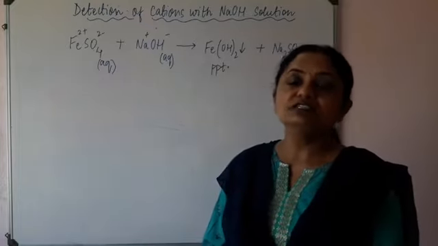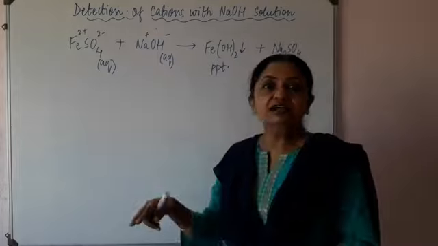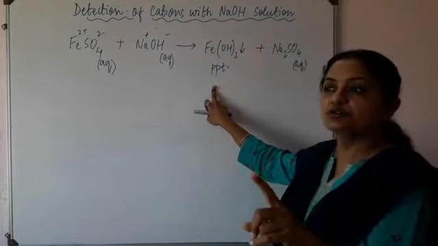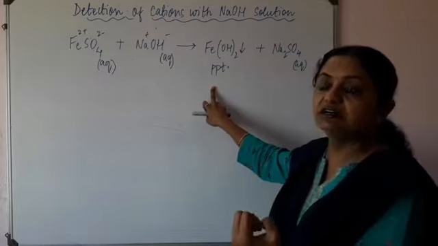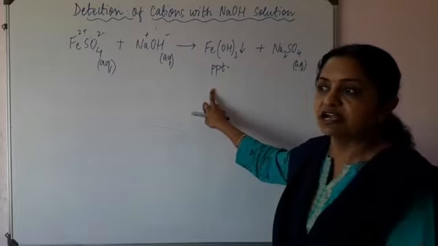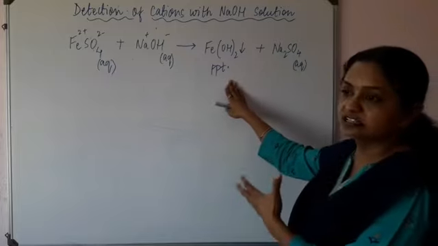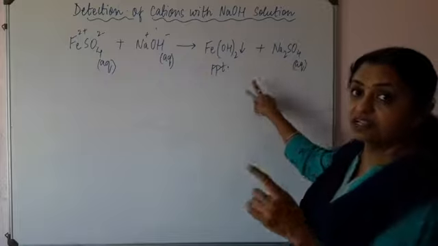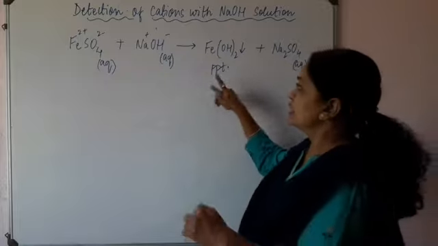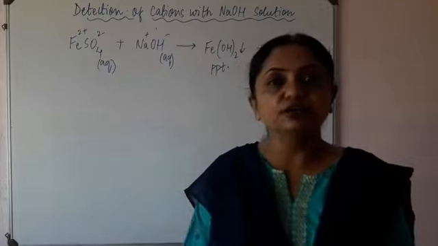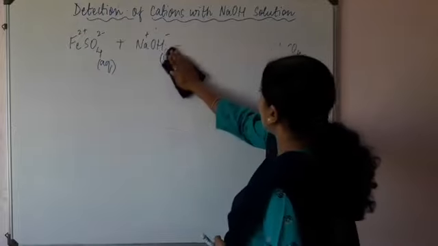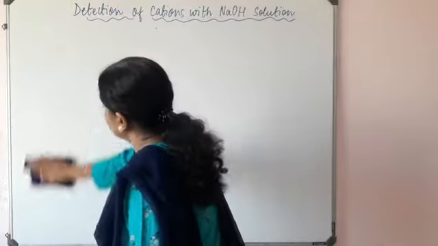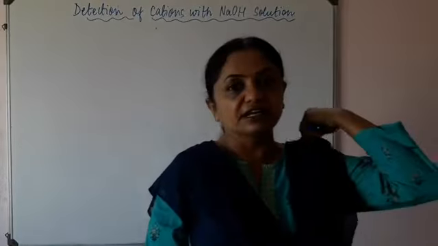When two compounds in their aqueous state react to form one insoluble product, that product must be insoluble, and we are able to filter and collect the solid part of it. The product will be in solid state and it will be removed as residue, and this is how we are able to identify. That is why I explained the precipitation reaction, because all of them will be precipitation reactions. Okay, so only precipitation reactions will we be studying right now.